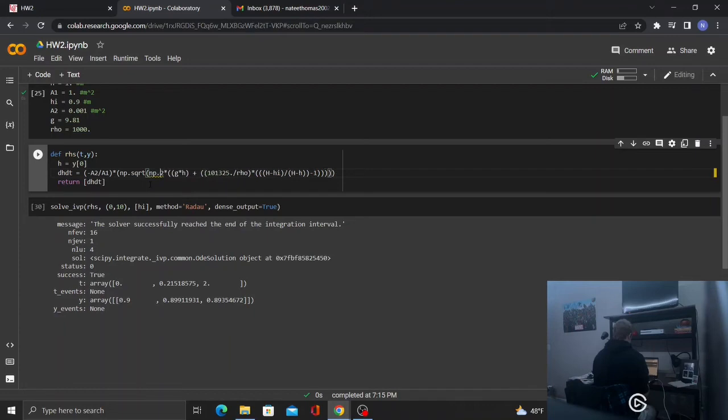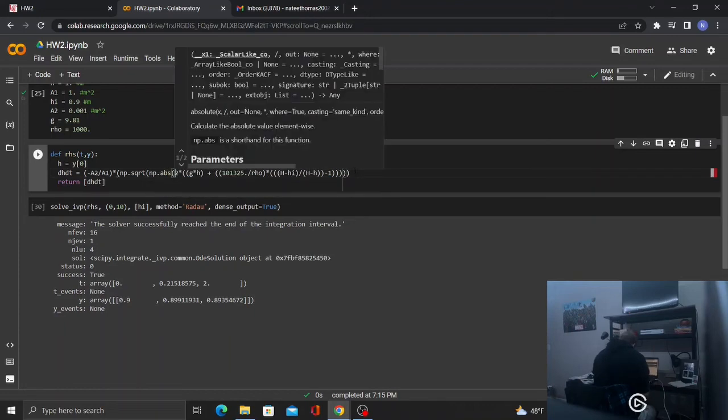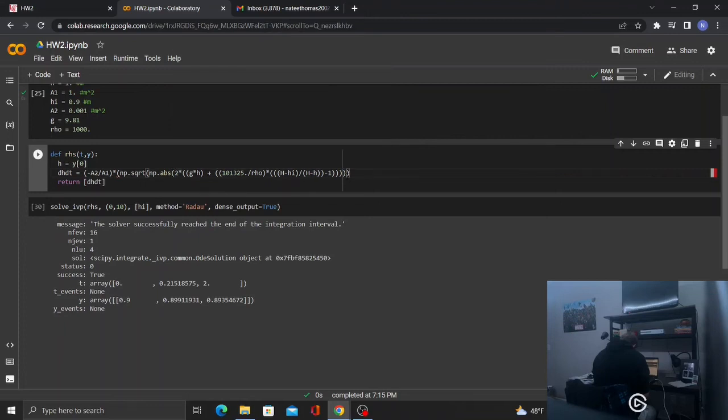So I'm going to put numpy absolute value around everything in the square root.